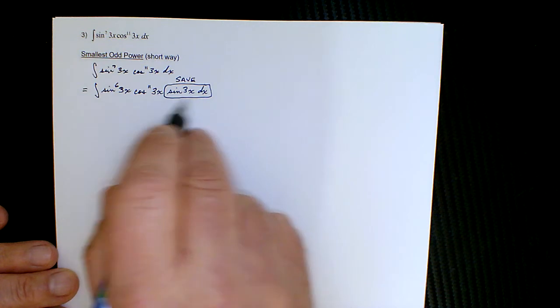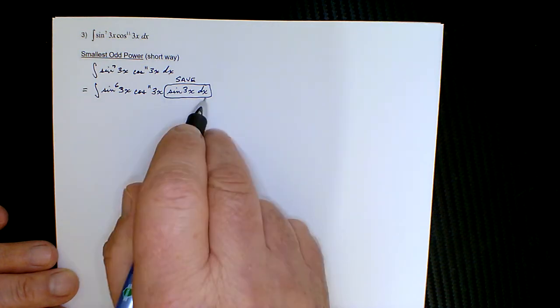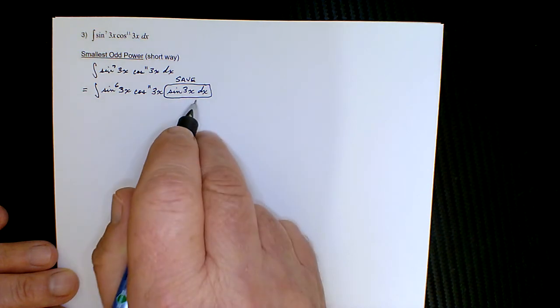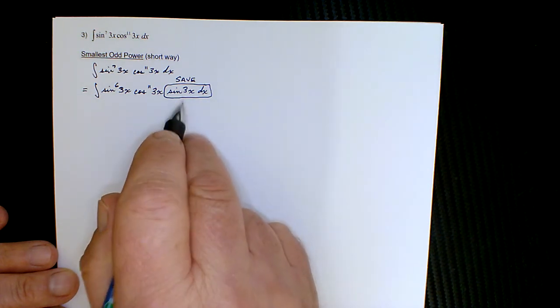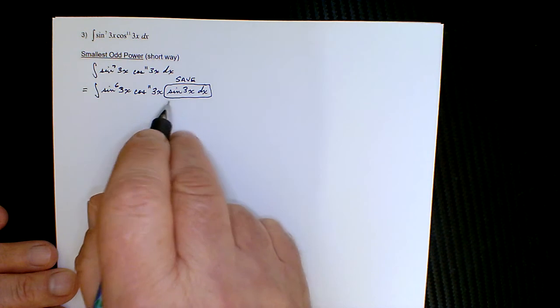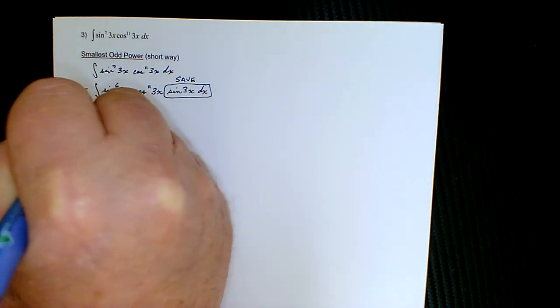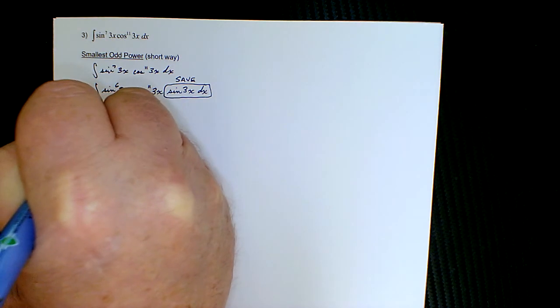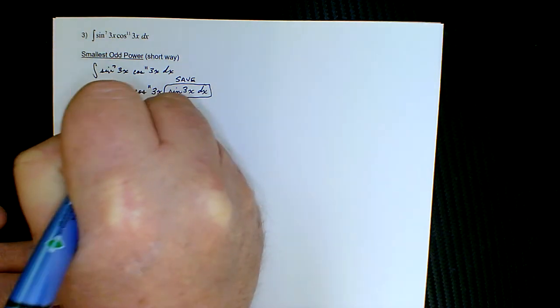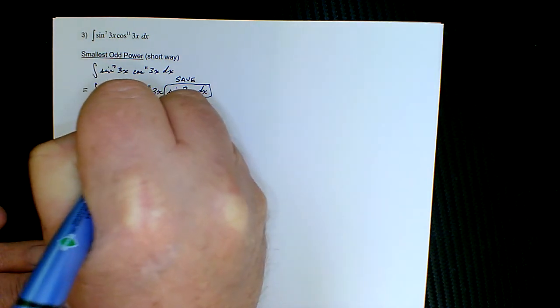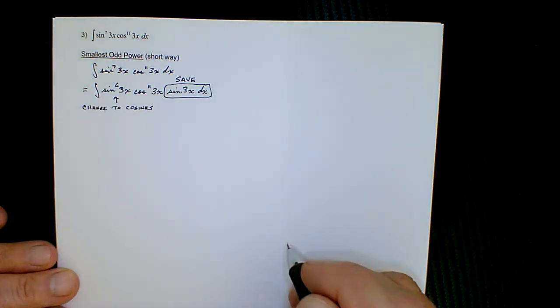So if our intent is for this sine of 3x dx to make up our du, the logical question we could ask would be, what is the trig function whose derivative is sine? And that, of course, is cosine. So therefore, if we could change the remaining factors of sines to cosines, we'll be able to start the u substitution process.